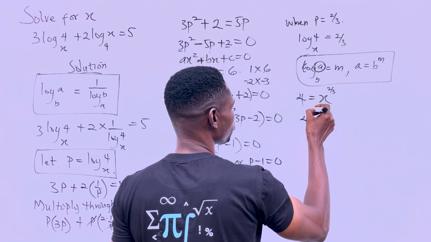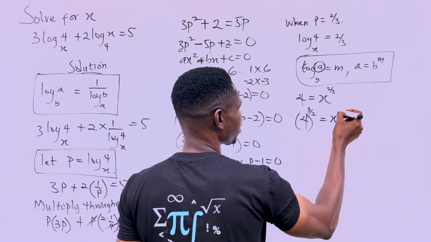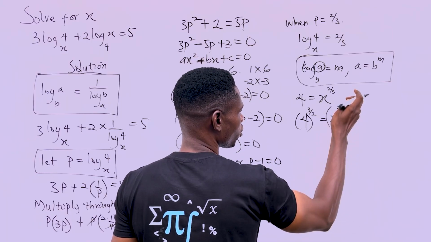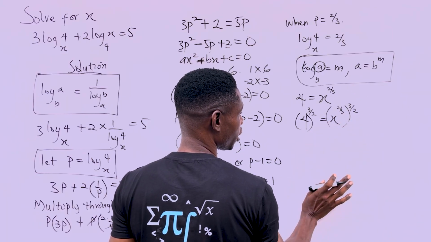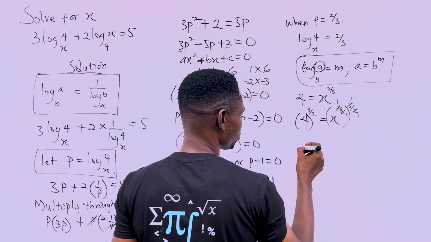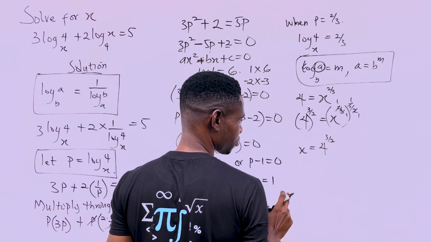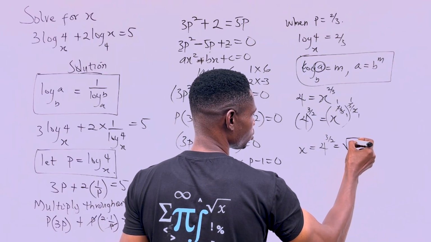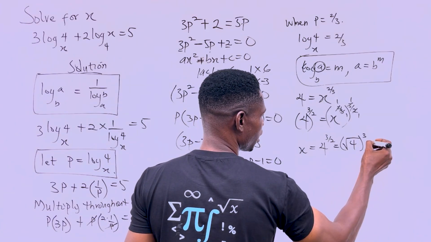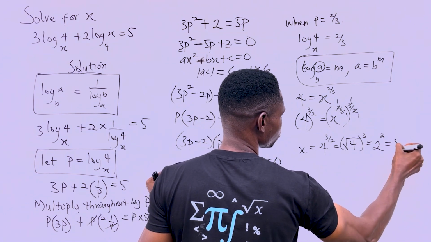So I will say 4 raised to power 3 over 2 equals x raised to 2 over 3, to power 3 over 2. Because 2 over 3 and 3 over 2 can cancel out conveniently. So our x equals 4 raised to power 3 over 2, which is equal to the square root of 4 raised to power 3. The square root of 4 is 2, raised to power 3, which is equal to 8.